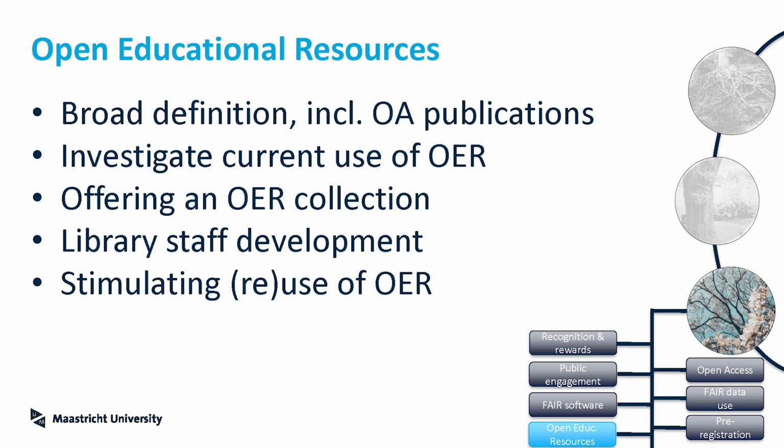Then finally, open educational resources, which may be a bit surprising under the open science tree. We do see that more universities struggle with this, whether to include it or not, because often on the organizational level there's this distinction between education and research.